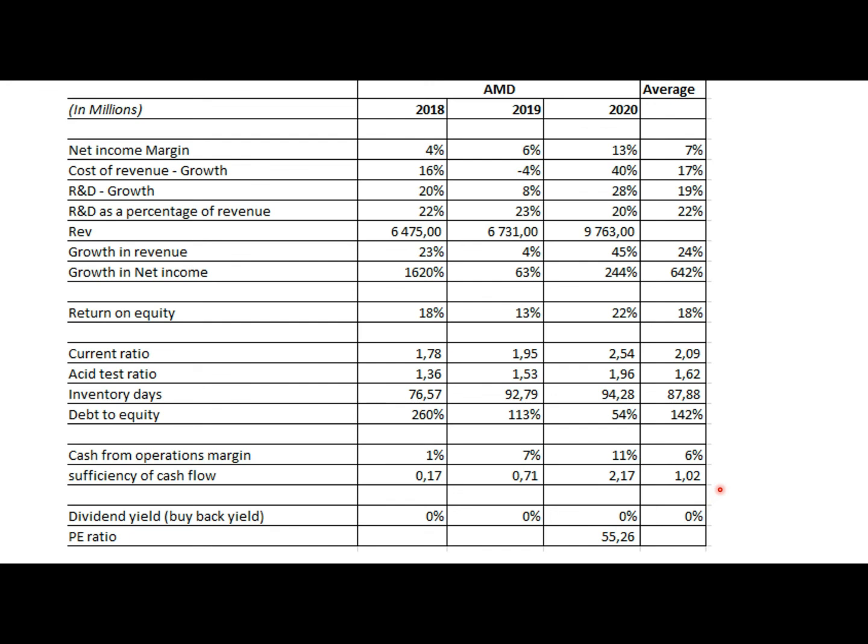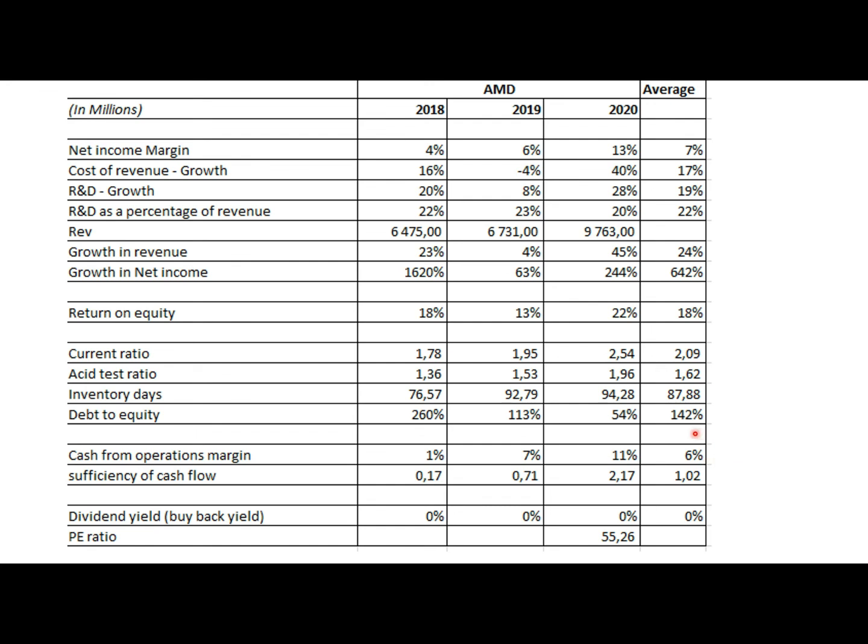Now the cash position. The cash margin is very little. I mean, 1.7, 11%. There is an improvement, but it's very little compared to the industry average of about 32%. It is quite disappointing at first glance, but when you consider the strategic position that AMD has adopted, it is understandable. It's important to note that the margin does indicate that AMD can at least generate cash from its operations.